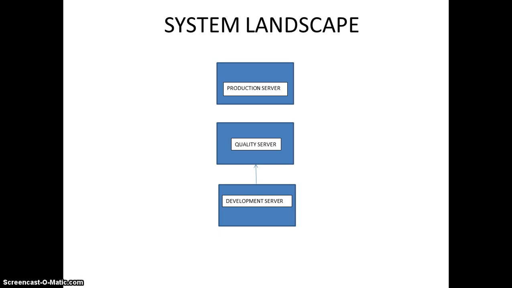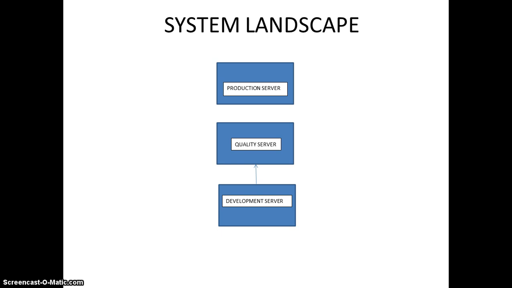I normally take the example of BMW and IBM. If IBM is implementing it for BMW, then BMW is the client, which will have complete access to the production server. We from the development company, that is IBM, are not supposed to make any changes in the production server without the knowledge of the client. But the development server is completely in the hands of IBM.